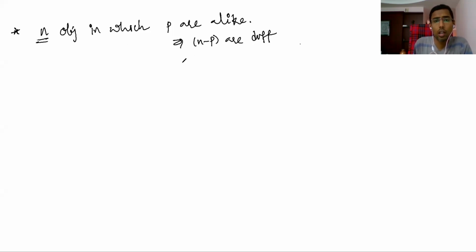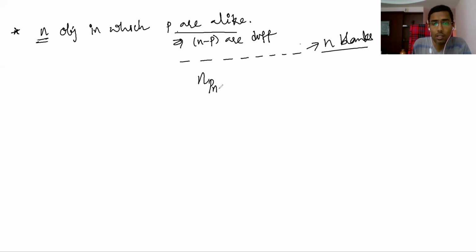You create n blanks. In these n blanks, first we should arrange the not alike things. You arrange the different objects. So n minus p objects are different. The number of ways of arranging n minus p different objects in n blanks is nP(n minus p), so n factorial by p factorial.